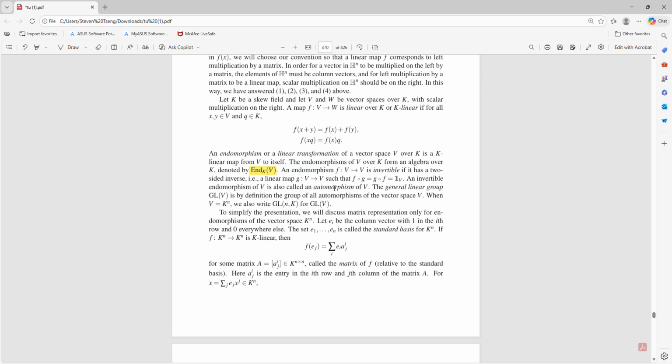An endomorphism is invertible if and only if it has a two-sided inverse. And there is an important group structure called the general linear group, denoted like this.